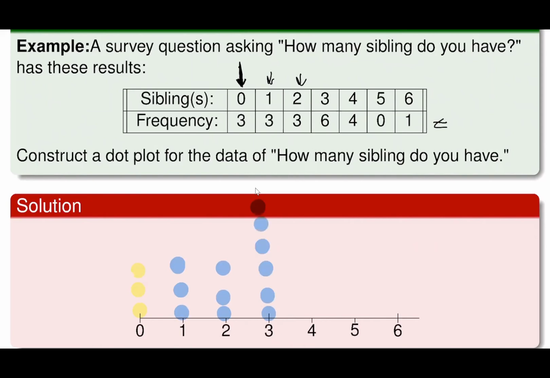And then you have 4 people who said they have 4 siblings. 1, 2, 3, 4. You have nobody who said they have 5 siblings. And lastly, you have 1 person who said they have 6 siblings, sorry. And that's it for that dot plot. Any question in regard to that dot plot?